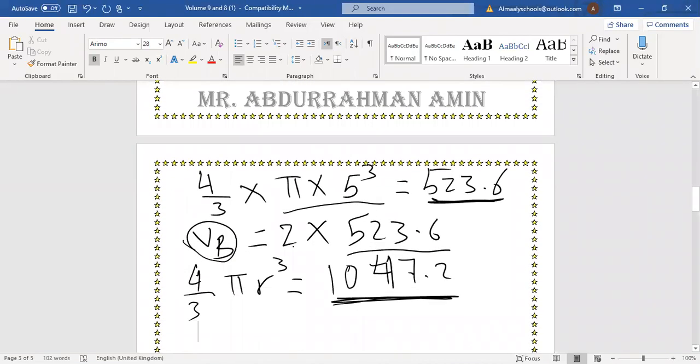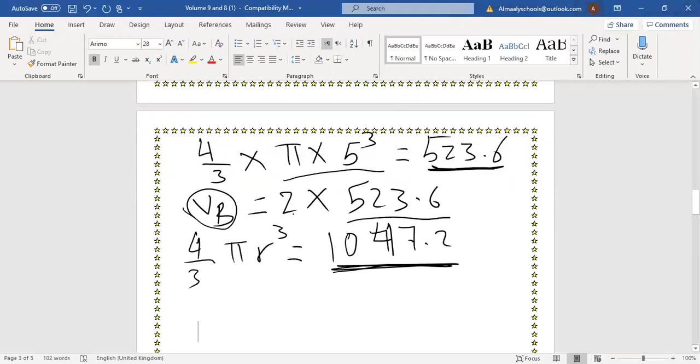Omar, please now find the radius of the sphere B. What will you do? We will write it simply, then make R the subject. We'll calculate 1047.2 divided by 4 over 3.